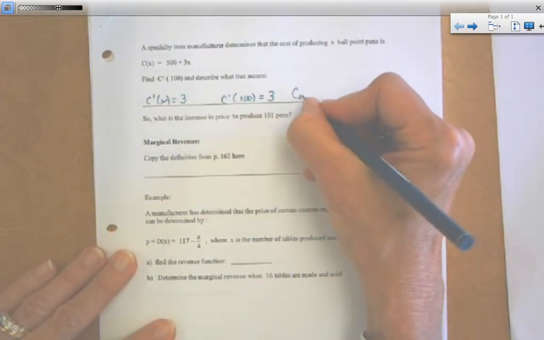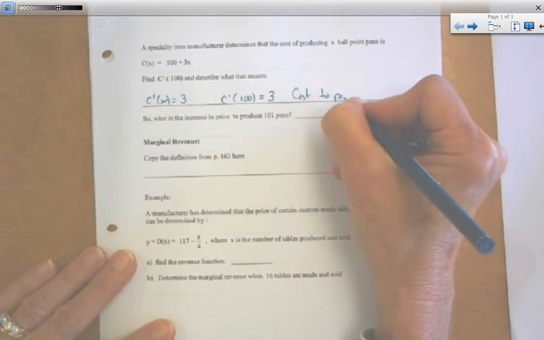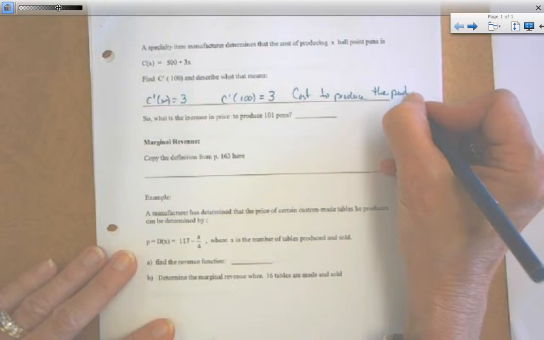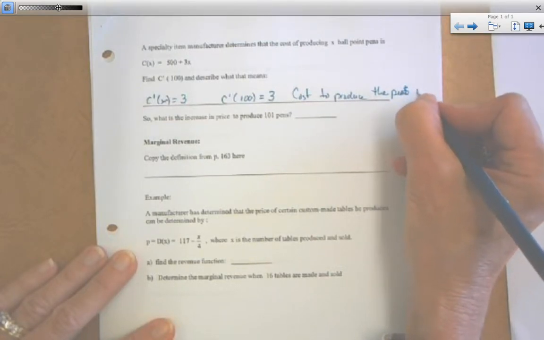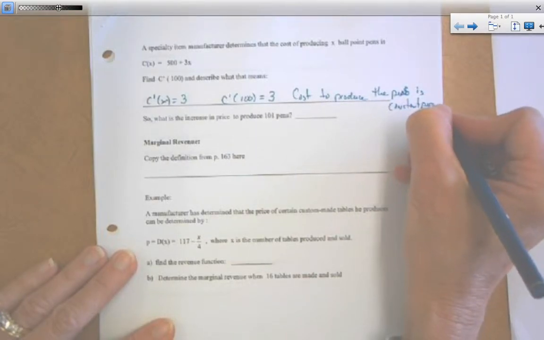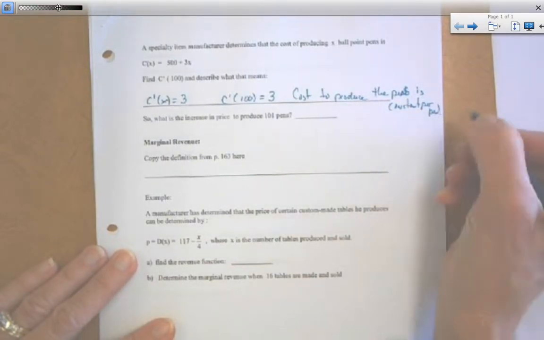So the cost to produce the pens is constant per pen.